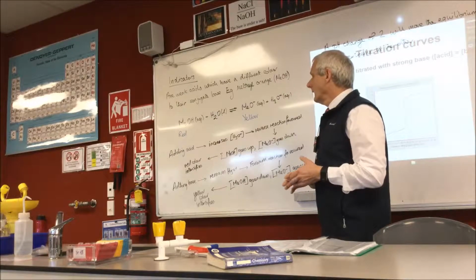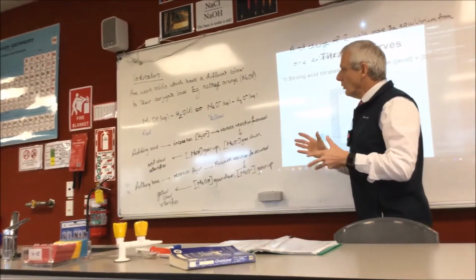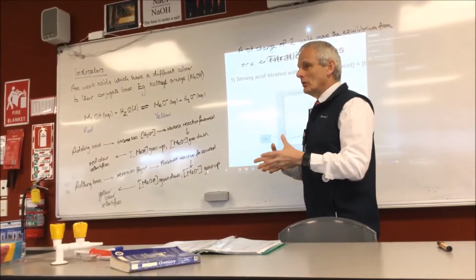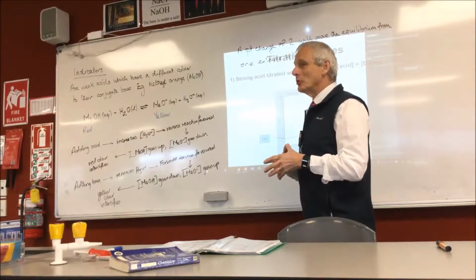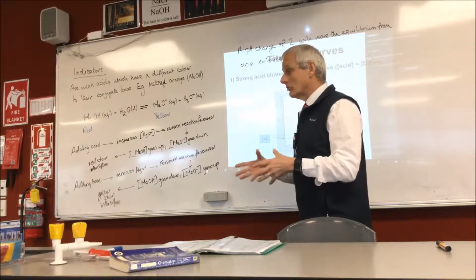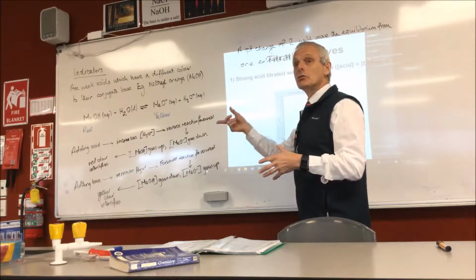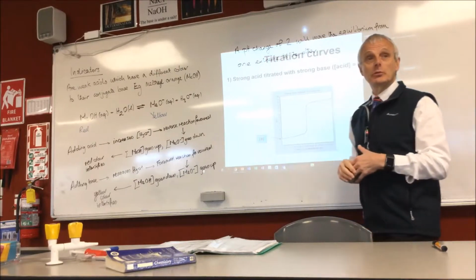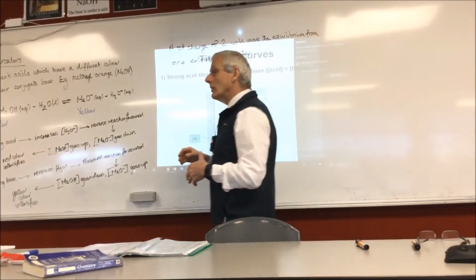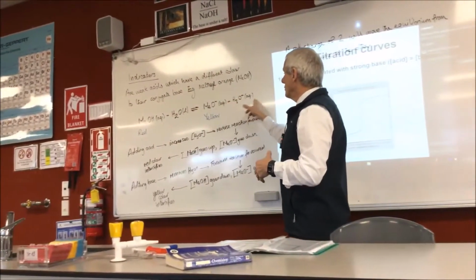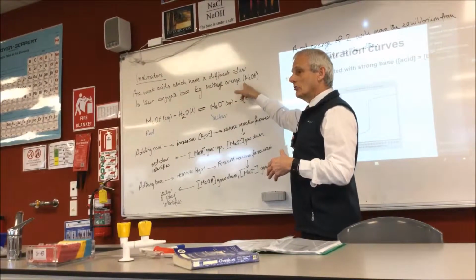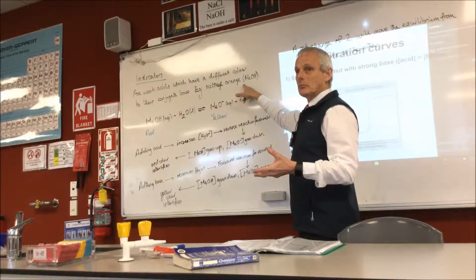Now, before we actually go into how indicators work, it's really important you understand and are able to discuss the equilibrium principles about moving backwards and forwards in this reversible reaction. So if you add acid, remember it's this that you're actually affecting, so that increases and you lose equilibrium.